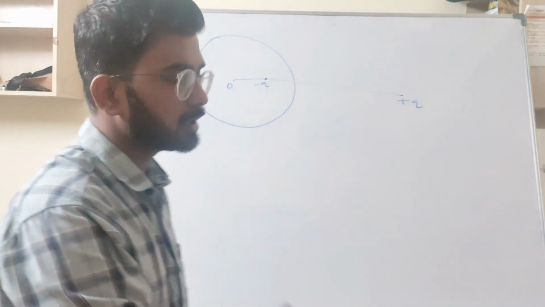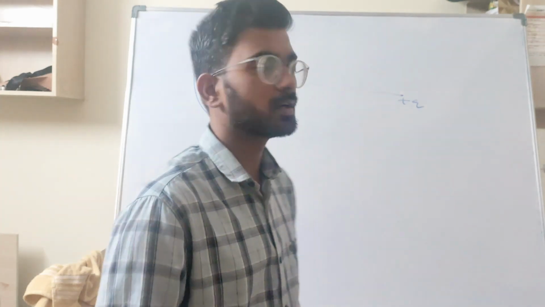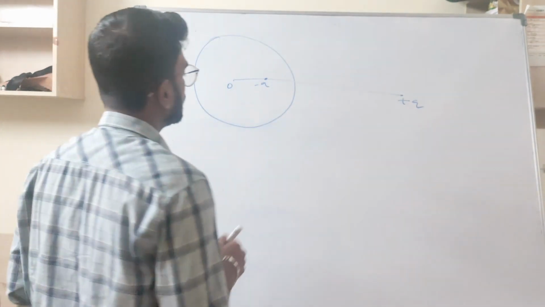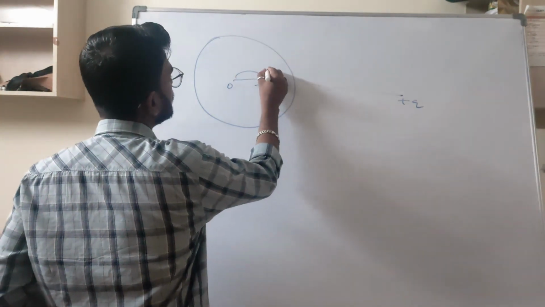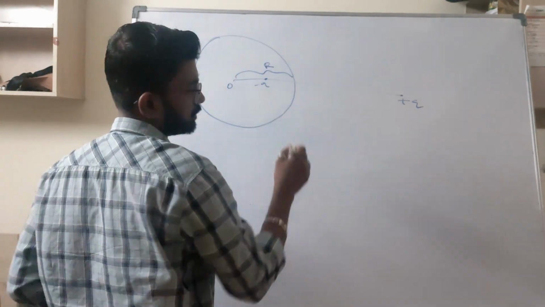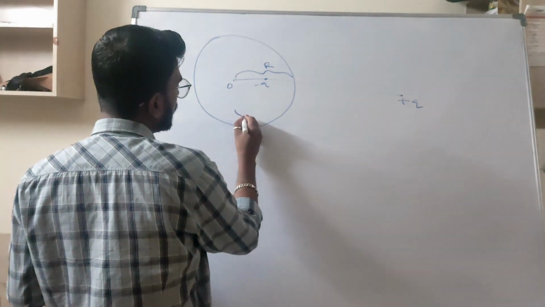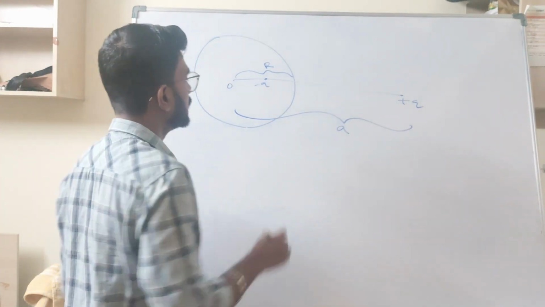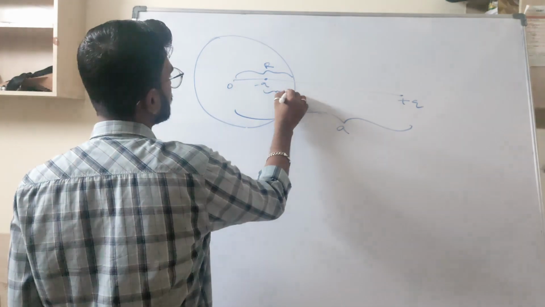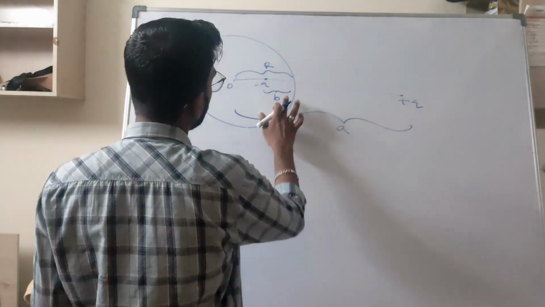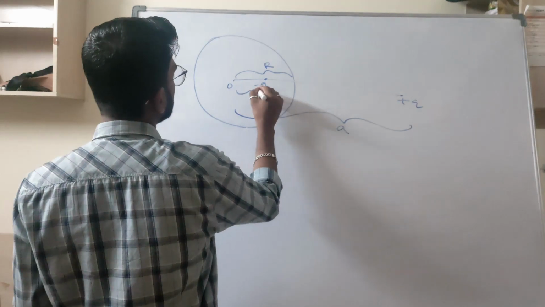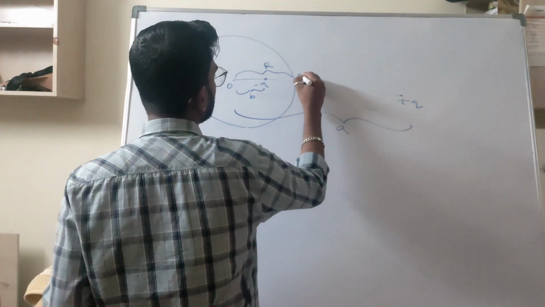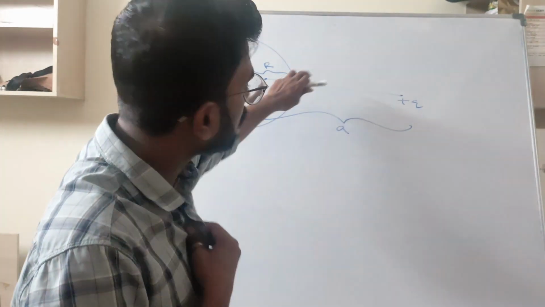You have to apply the method of images concept by taking an opposite charge in the sphere. For example, this is the radius of the sphere. From 0 to plus q the distance was a, and from here to here the distance was b. Now here there is a point P. You have to find the potential at point P.